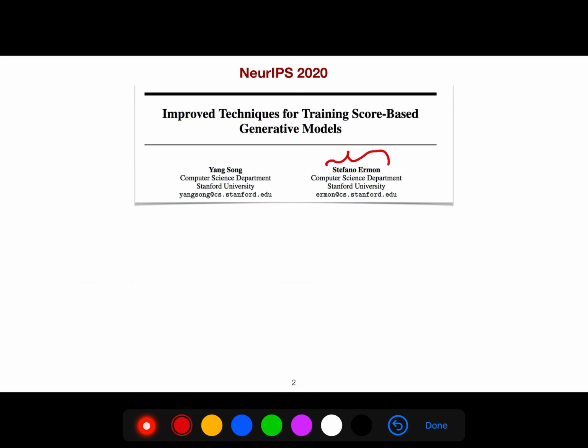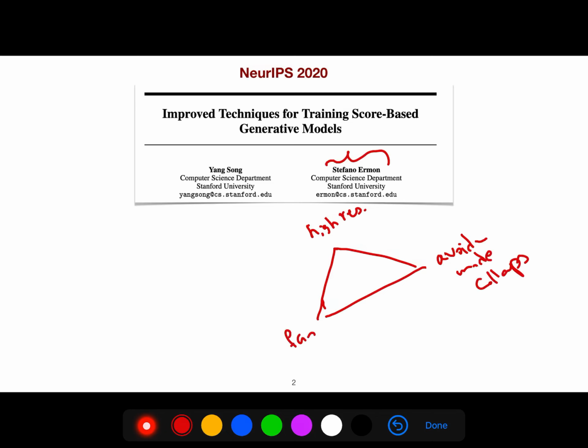First of all, when you want to compare papers, first you should see what the goal is, for example, high resolution. Another goal is avoiding mode collapse. Another is fast sampling in diffusion. So GANs, for example, diffusion has high resolution and avoids mode collapse, but doesn't have this fast sampling.